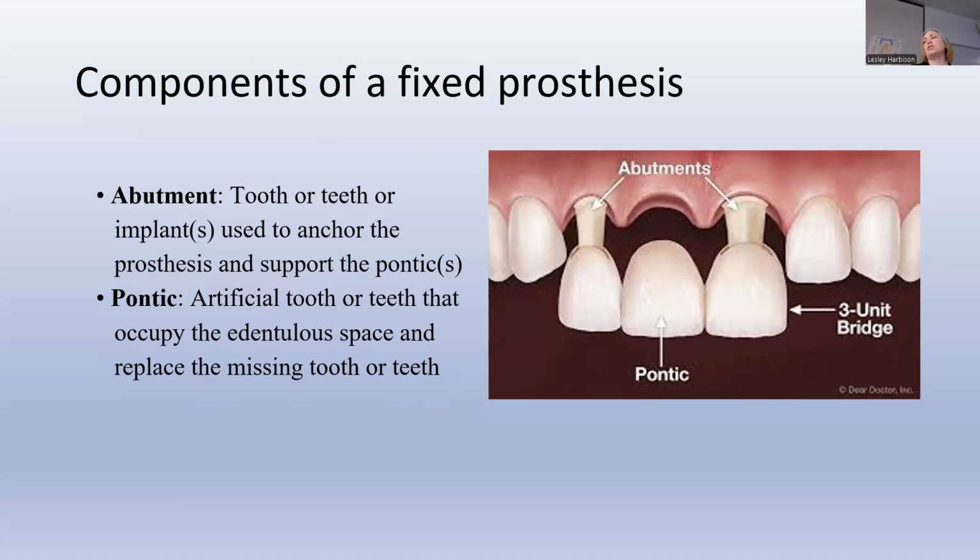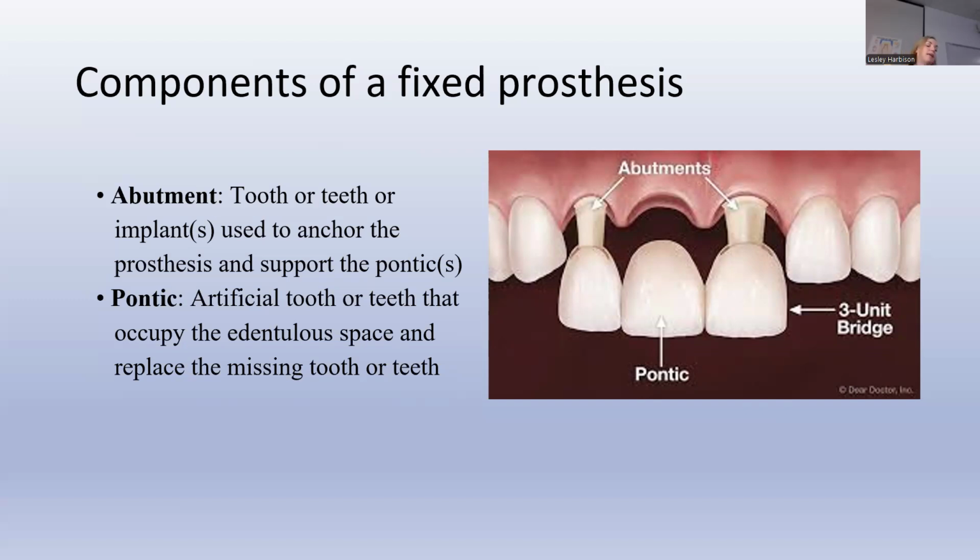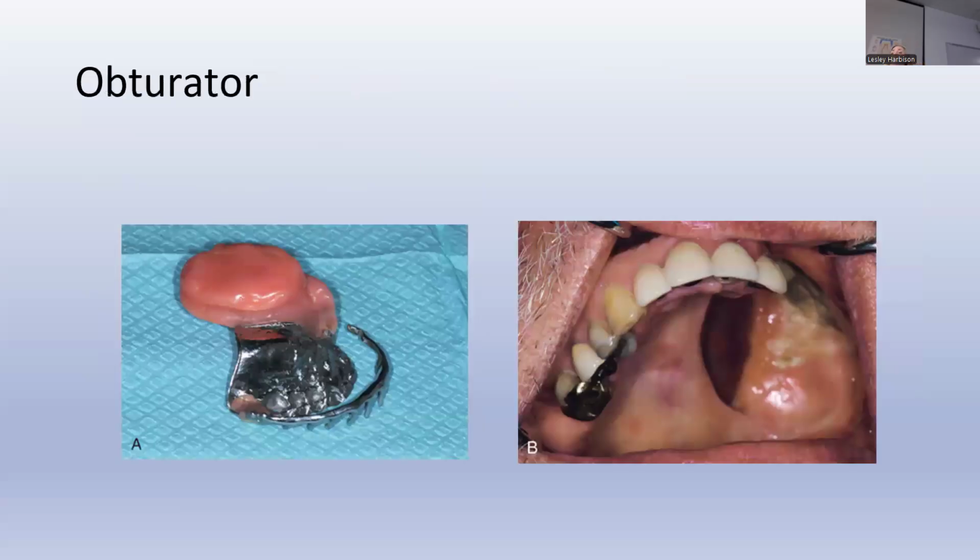And then the pontic, there's no root. It replaces the missing tooth. Another kind of removable, well, that's fixed also, just to highlight that. That's a fixed prosthesis, not a removable. Another kind of removable prosthesis would be an obturator that we saw, which can be used for cleft palates, oral cancer.